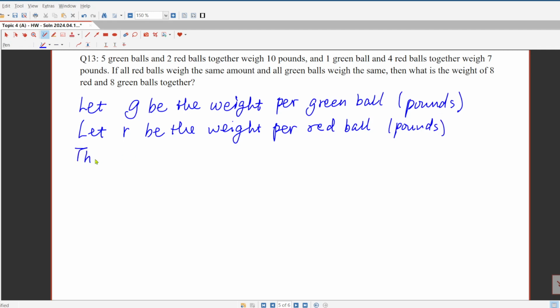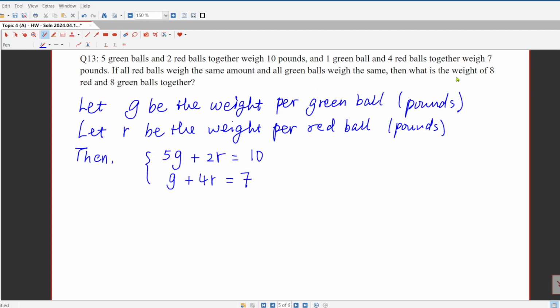Then according to the given information, we have the following relationship. So first of all, 5G plus 2R should equal 10, right? Because it says 5 green balls and 2 red balls together weigh 10 pounds. And also G plus 4R should equal 7, according to the second sentence, right? 1 green ball and 4 red balls together weigh 7 pounds.